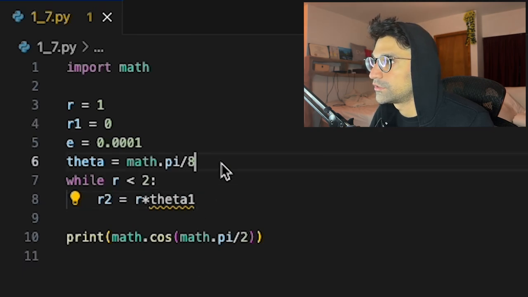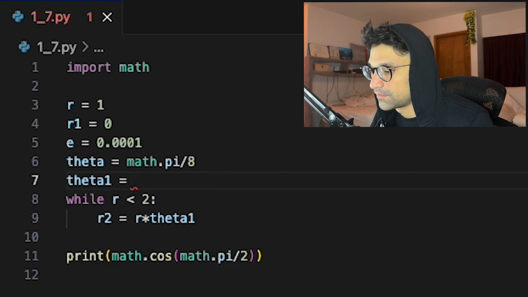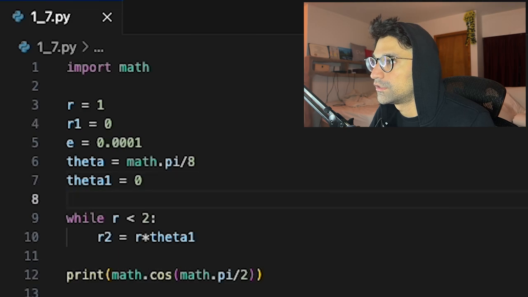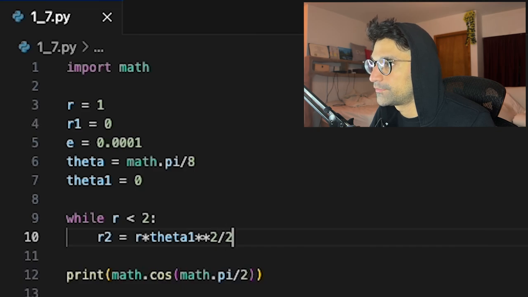We don't have theta 1 yet. So theta 1, it's from rest. So again, that's 0. And then now we're good. So theta 1 squared, and then this whole thing divided by 2, right?